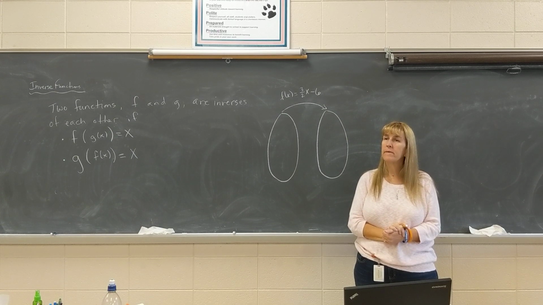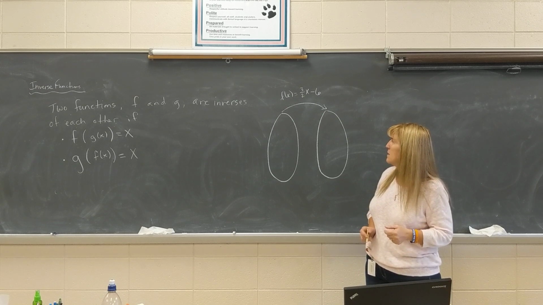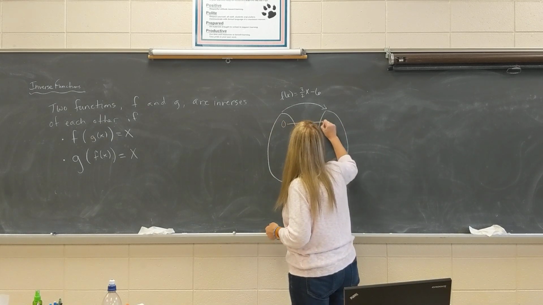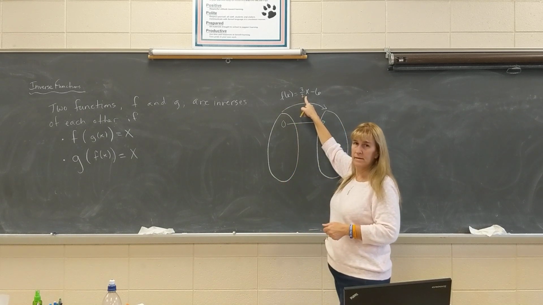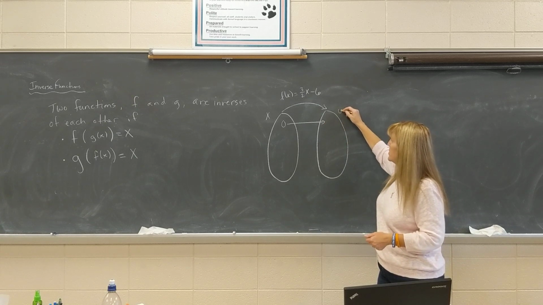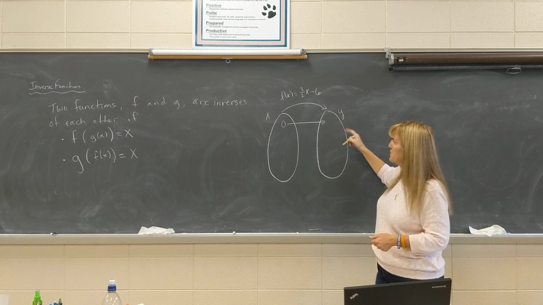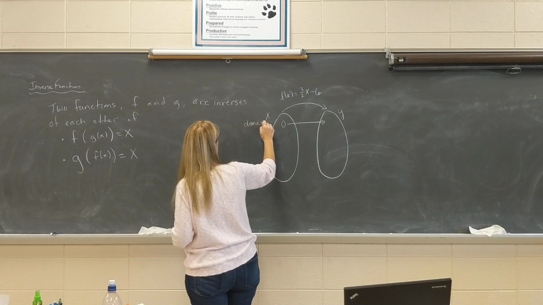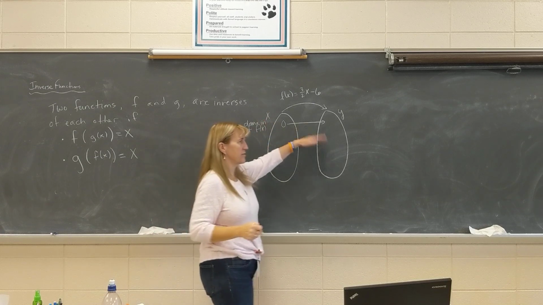So give me some input, output values. 0 and negative 6 works. Think about that. You put a 0 in for x, right? These are your x's or your input to the function of f. And these are your outputs or your y's. This over here is known as my domain of what? Of f. And over here this is known as my what?